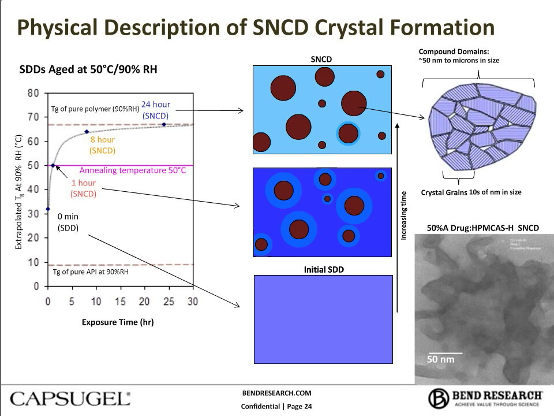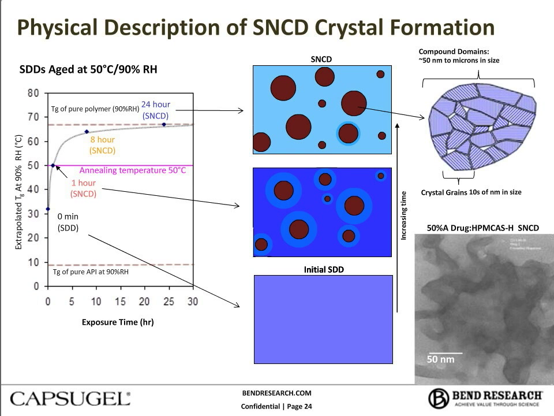And as it does so, the Tg of the increasingly drug-poor matrix continues to rise. And so all the drug is crystallized and the Tg is that of the pure polymer. And the annealing conditions are chosen so that when we've reached this point of complete crystallization, the mobility of the polymer matrix is low enough that there's little or no ripening of the crystals that we've formed.